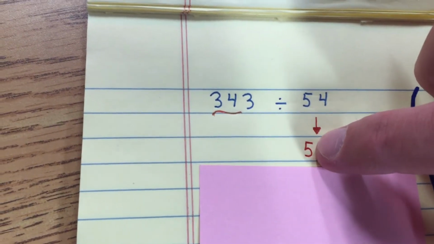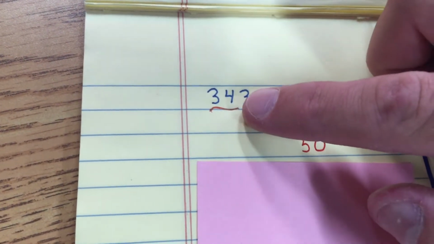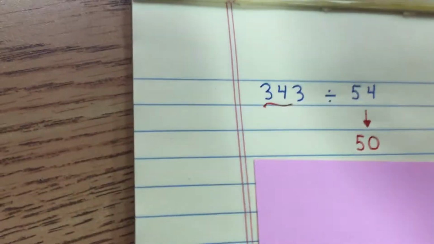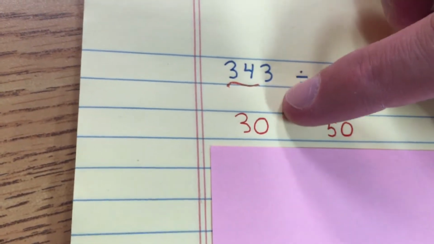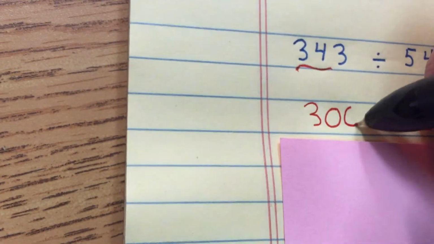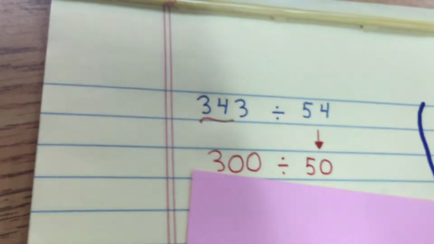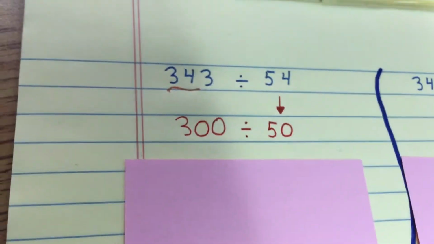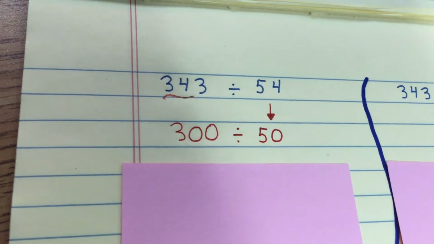Right off the top of my head, I know that 5 times 6 gives us 30. So I'm going to write that here. But we have this 3 left over. So when you bring that down, that 3 becomes a 0. So now on your whiteboard, you should have 300 divided by 50.